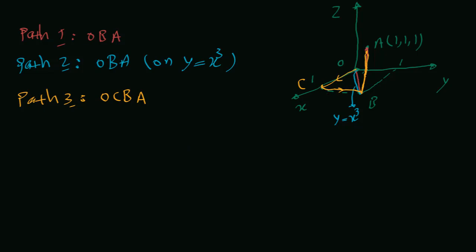So let's calculate it. Let's call this C1, for example, path C1.